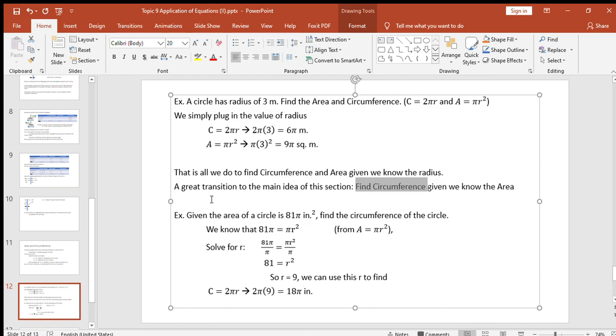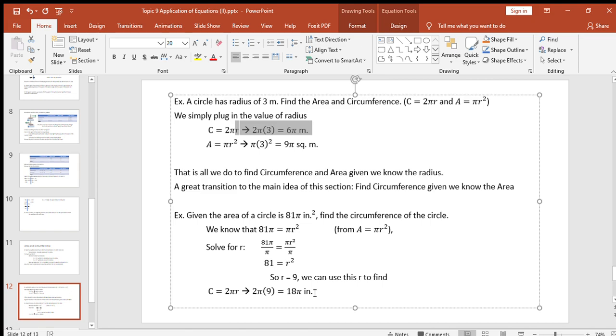And how do we find the circumference? It's right here. We're just going to plug in r. So C is equal to 2 pi r becomes 2 pi times 9. Multiply what we can, and you're going to get 18 pi inches. And that's all you do.